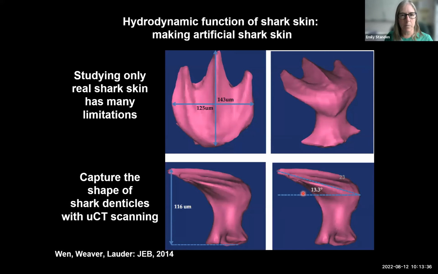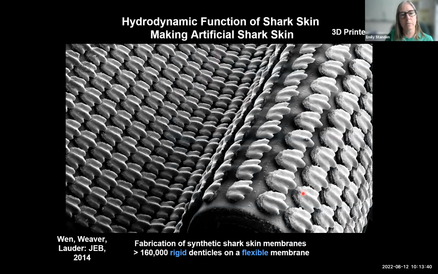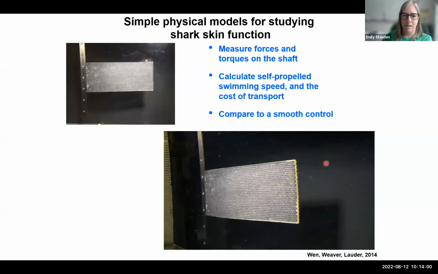You can change their shape, you can change their positioning. And if you 3D print them onto a flexible foil, what you end up with is essentially synthetic shark skin that you can manipulate, their position, their shape, and understand how those attributes of the scale are affecting hydrodynamic performance of the animal.